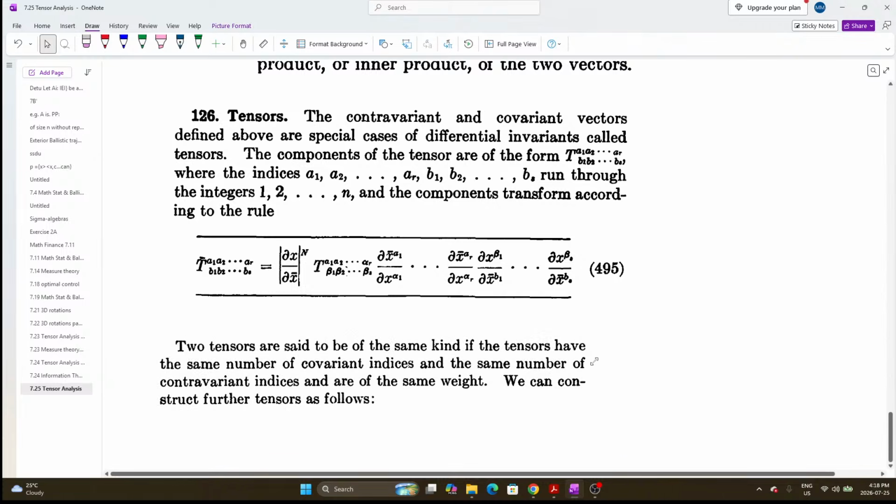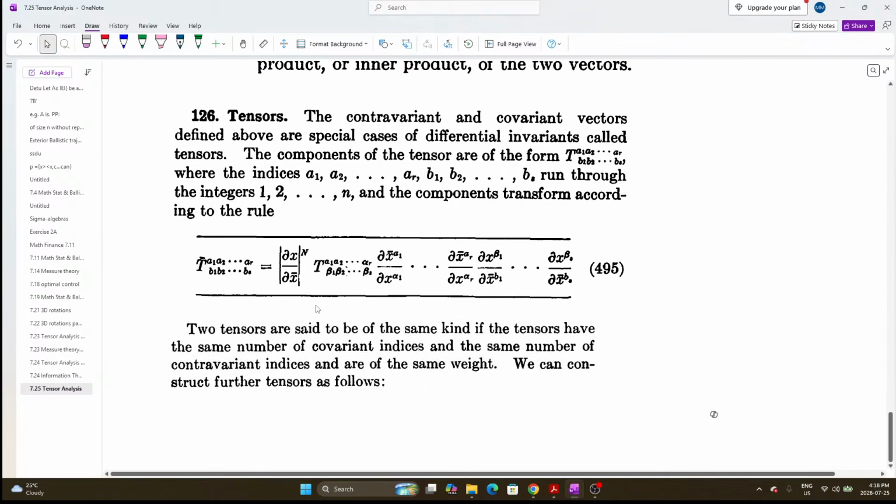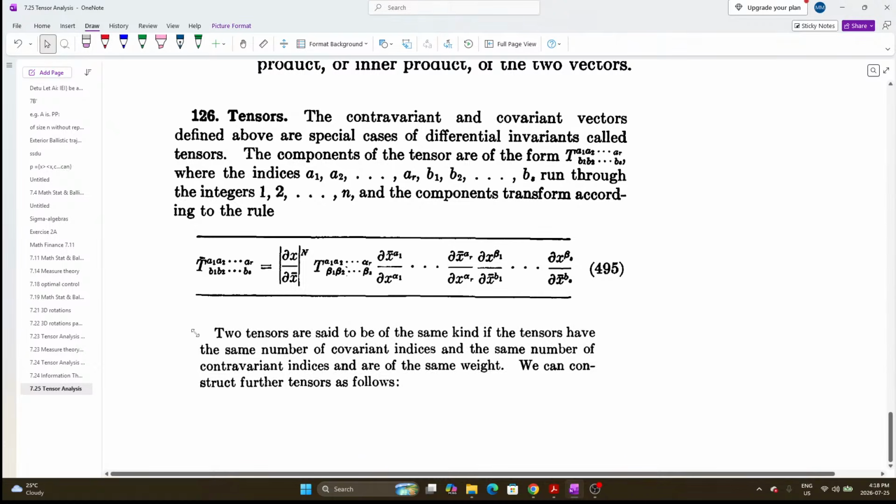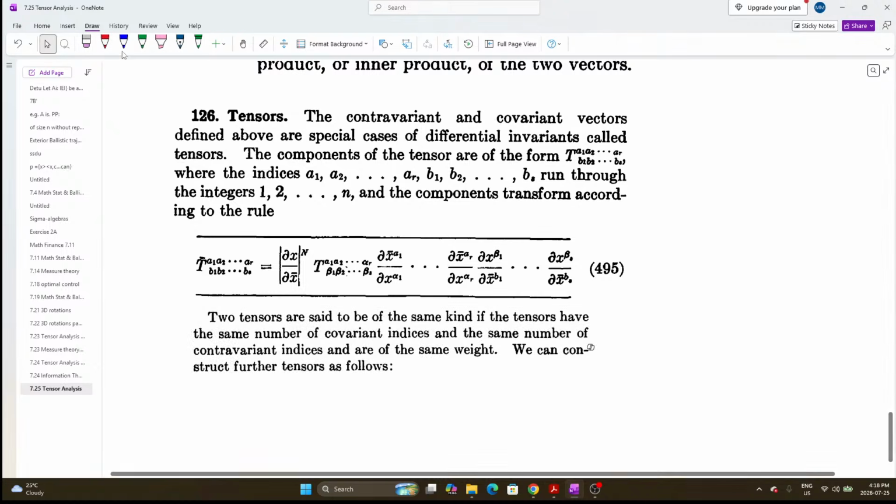So as we said, the upper indices are contravariant indices and the lower indices are the covariant indices.